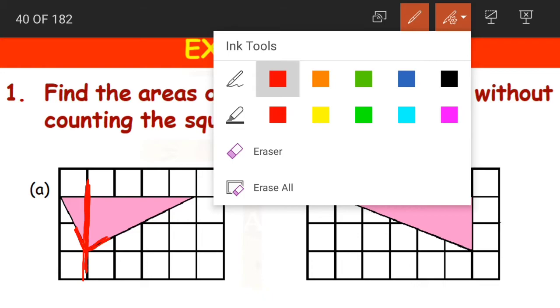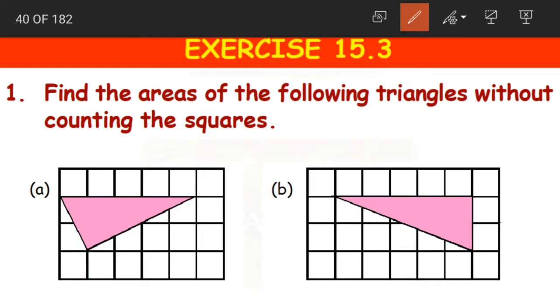So the area of our triangle, if we give names here, children, this will be the point A, B and C. The area of the triangle ABC. If we draw a line in between, this will be point D. The area of triangle ABC is equal to area of triangle ADC plus area of our triangle BDC.